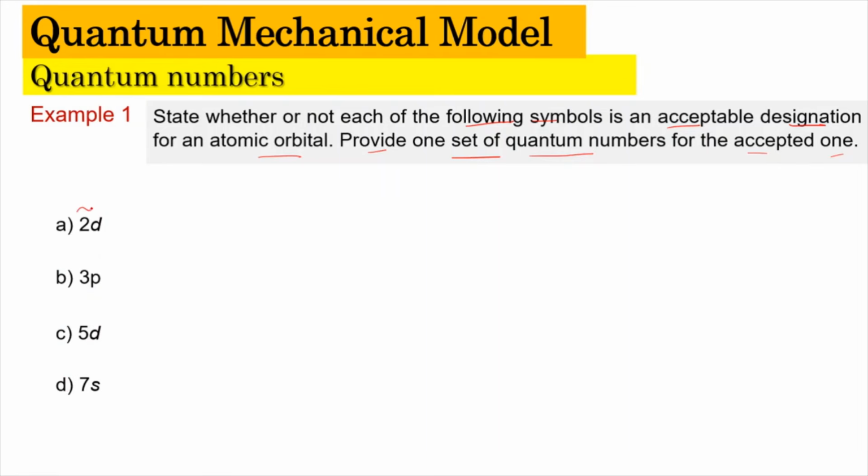All of these represent a subshell. And for a set of quantum numbers, we know that it needs to contain n, l, m, and s. You can write it this way, with the values for A, B, C, or D, or you can write it one by one.